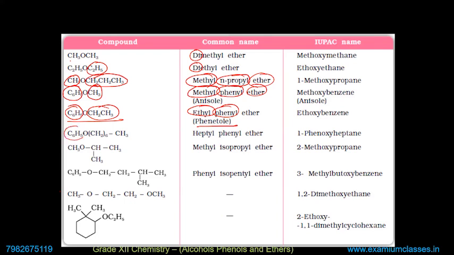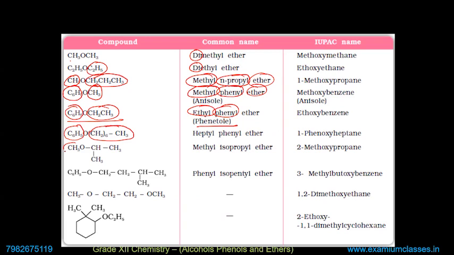Then here you have phenyl, and you have a total of 7 carbons in sequence. So it is written as either heptyl phenyl ether or n-heptyl phenyl ether, same. If n is not mentioned, that is inherent.